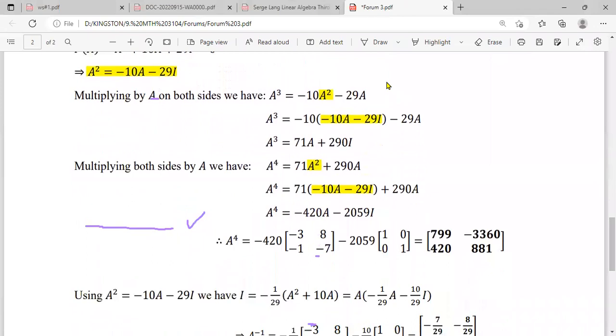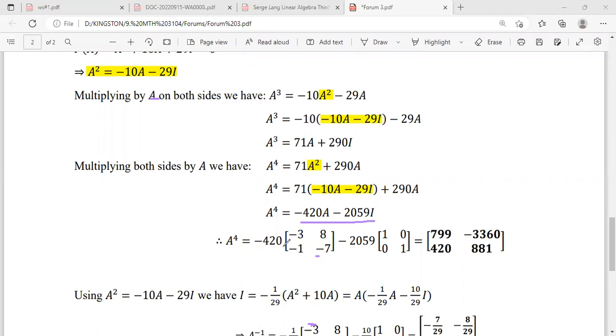So coming down here, you see that when I do this substitution, I have 71 into negative 10A minus 29I, and bringing down what is at the back there, 290A. And simplifying that, I'll have A to the 4th is equal to negative 490A minus 2059I.